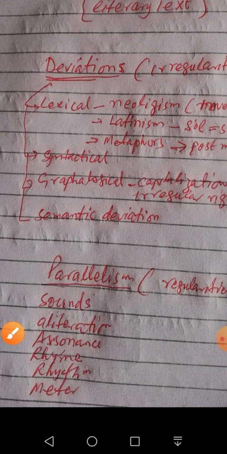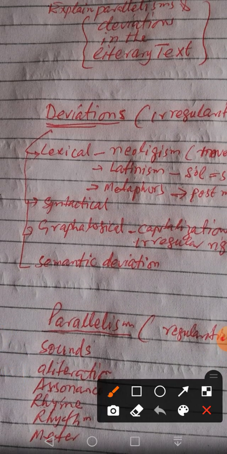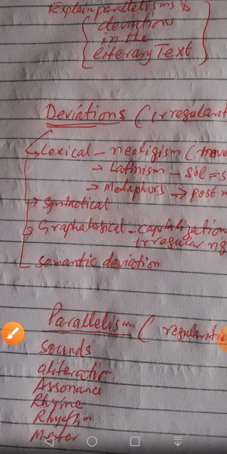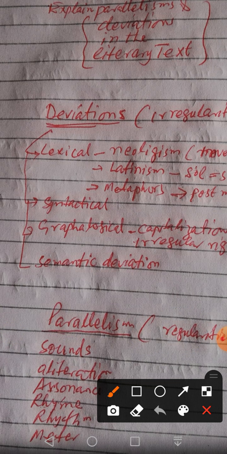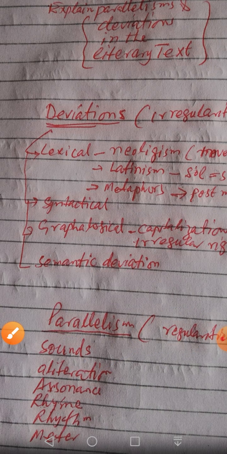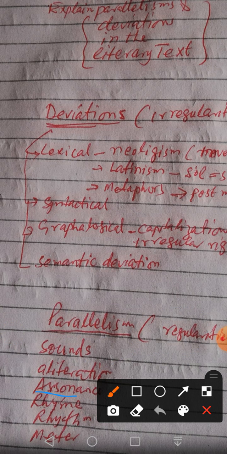So this type of semantic deviation is there. Then poets also use parallelisms. These parallelisms are known as regularities in a literary piece, like sounds. We have alliteration and assonance. Alliteration is repetition of consonant sounds at the start of each syllable or each morpheme, and assonance is repetition of vowel sounds in written words.